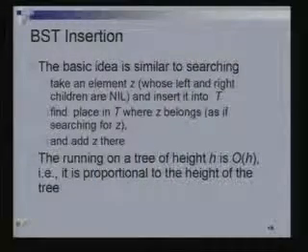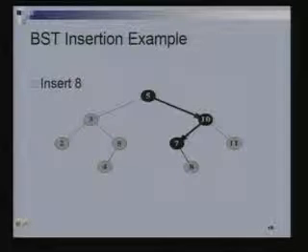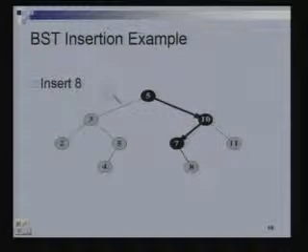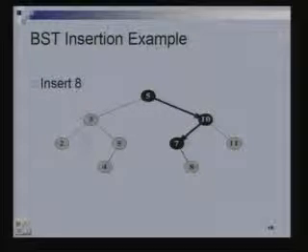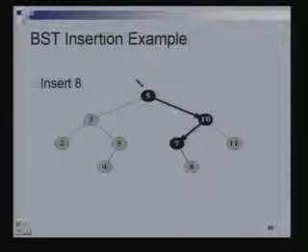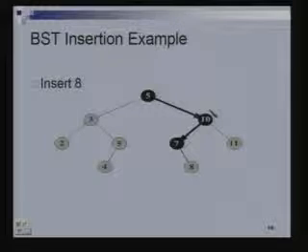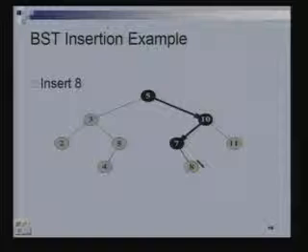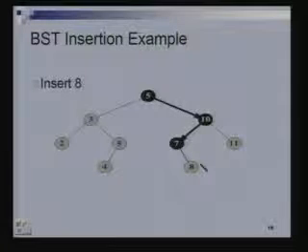So, let us look at an example. This is my binary search tree, and I am trying to insert 8. If you recall, this 8 was not there in the tree. So, I first search for 8, which means I go down, I come here, go right, I go left, and then I want to go right, but right is null, which means 8 is not in the tree.